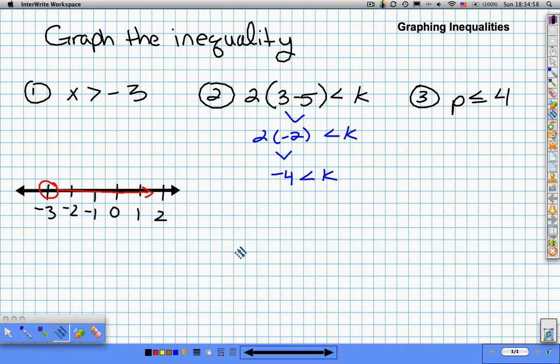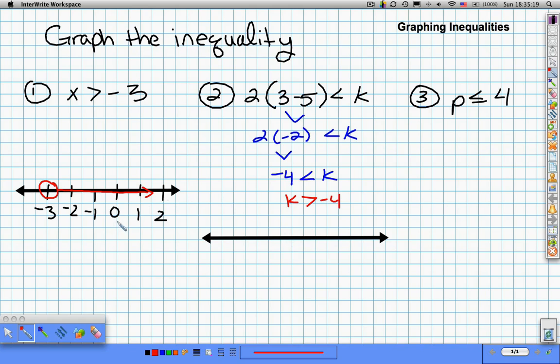So just like before, to graph this solution now, we're going to draw our line. And now, since -4 is less than k, it probably would help us to rewrite this in a different direction with our variable first. So actually k is greater than -4.